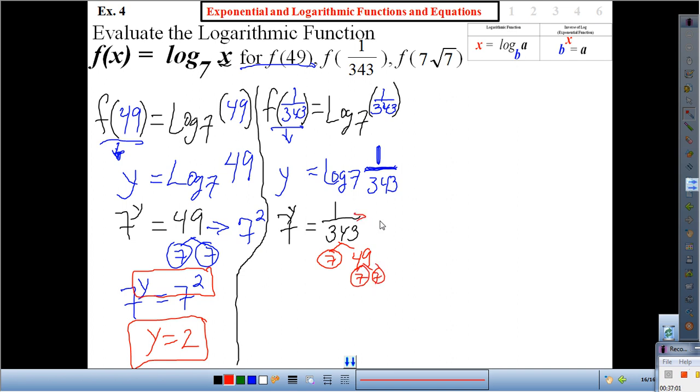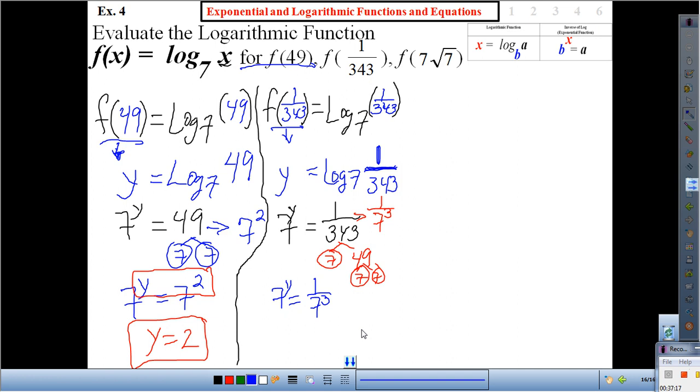So this can be written as 7 to the third power underneath 1. So we get 7 to the y power equals 1 over 7 to the third power.